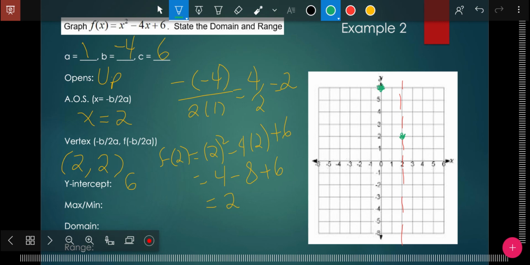How do I find a third point to finish and draw my U shape? This point is 2 away to the left, 2 away from the axis of symmetry. So I go 2 to the right and put another point there.